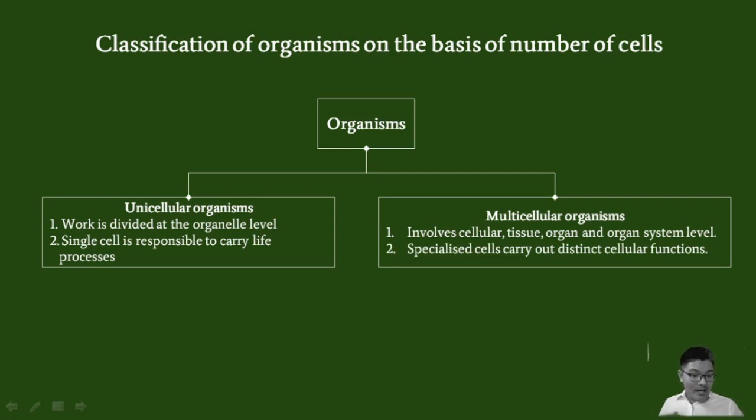So in our body all the cells have specialized functions, so work is divided among different cells. So there is division of labor for specific cells, specific tissues, specific organs, and organ systems have their own function.